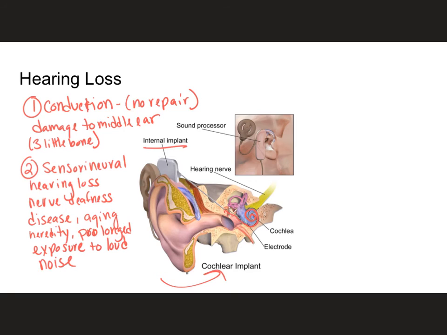Now, there's another phenomenon that deals with hearing, though it's not a hearing loss. Instead of creating another slide, I'm just going to add it right here. It's called synesthesia. What that means is that one sensation can produce another.